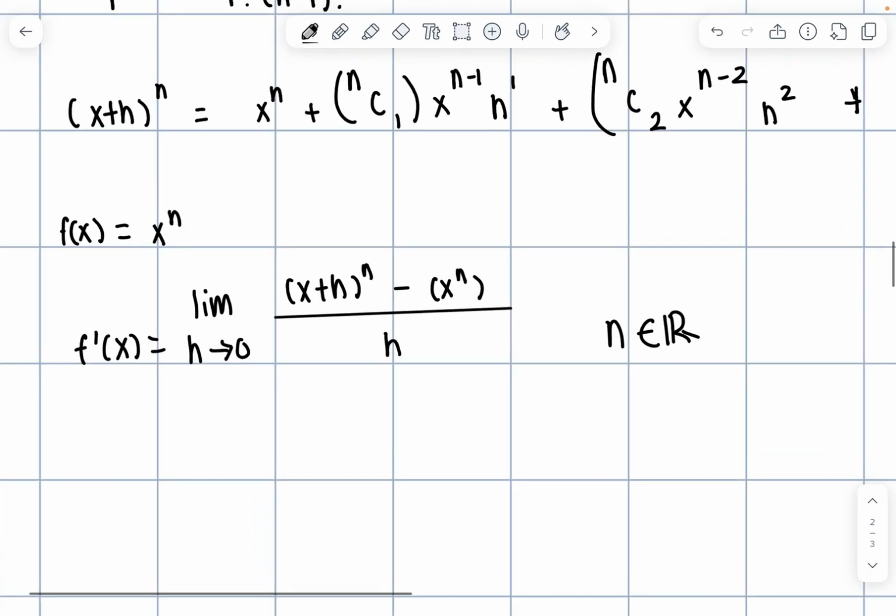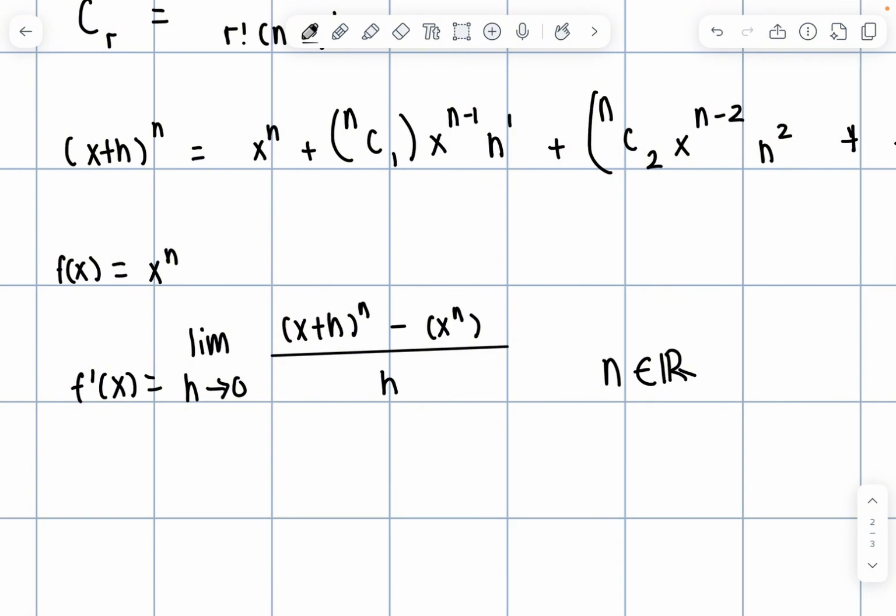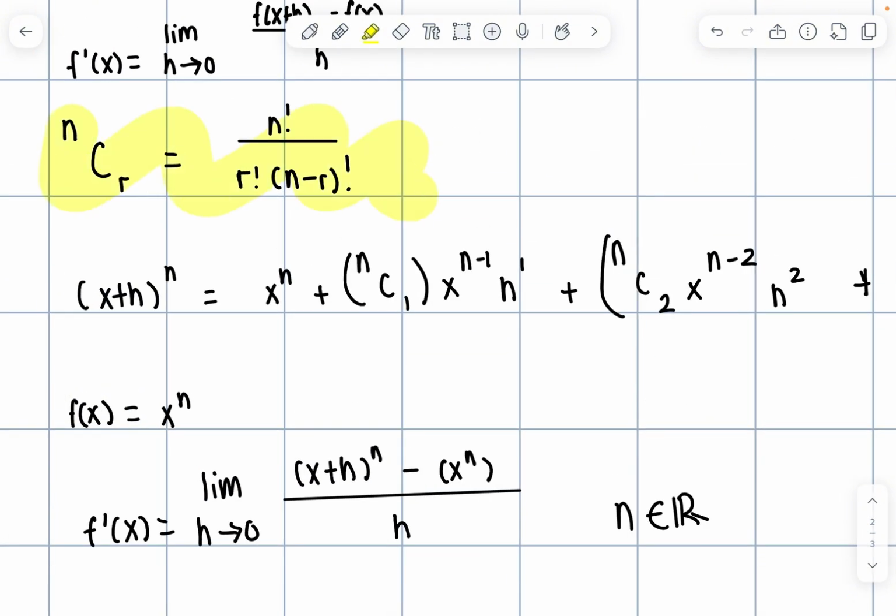So what I would do here is I would just use this formula here, n choose r, as well as this.